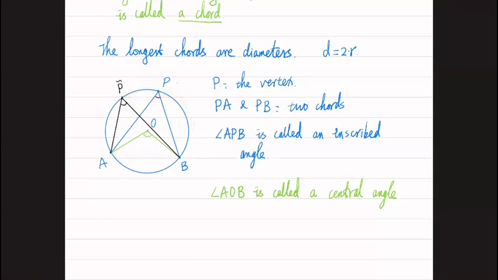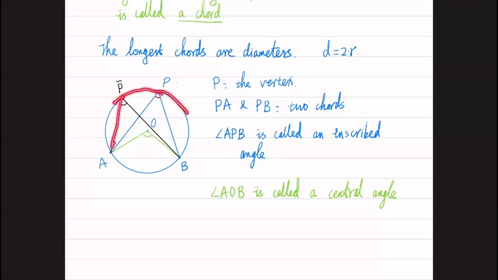Well, PA is definitely not equal to PB now. I'm saying that PA is definitely shorter than PB now. Okay, so it's possible. If we move the point over there, PA will be shorter.